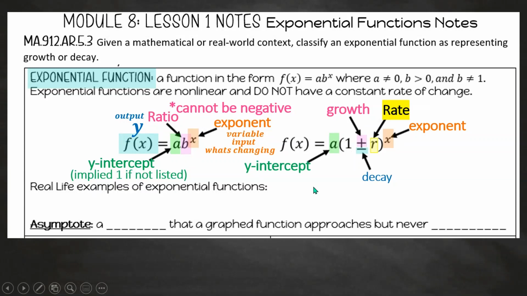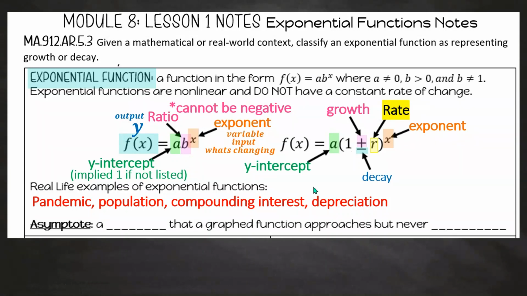There are a lot of real-life examples for exponential functions, and they include pandemics, or the flu, or a virus, or even a cold. Population, and how it's growing, is an example of exponential functions. Compound interest. Ask your parents about compound interest.